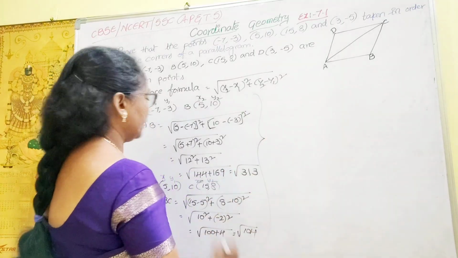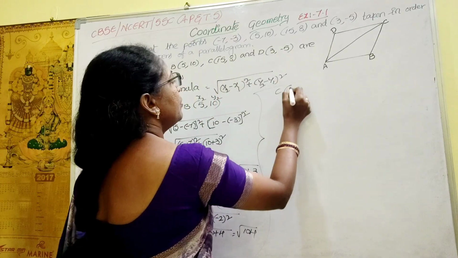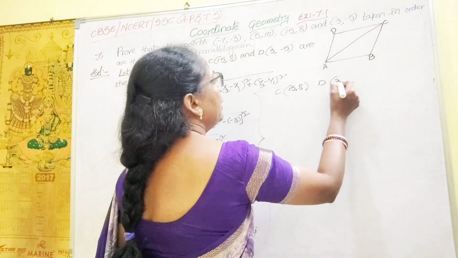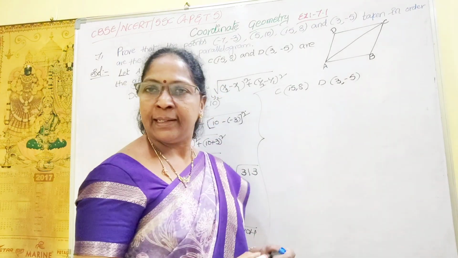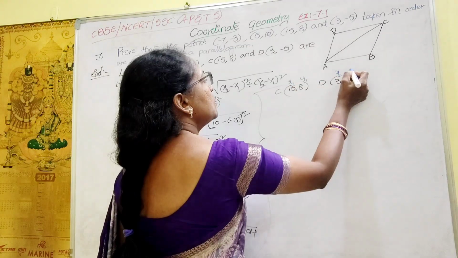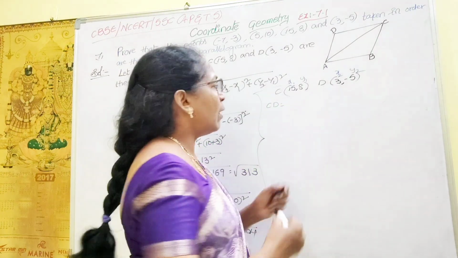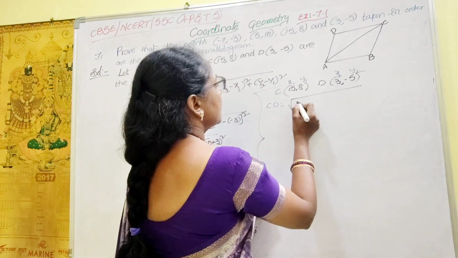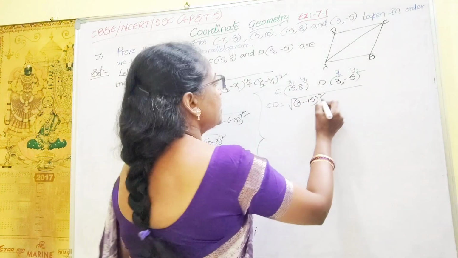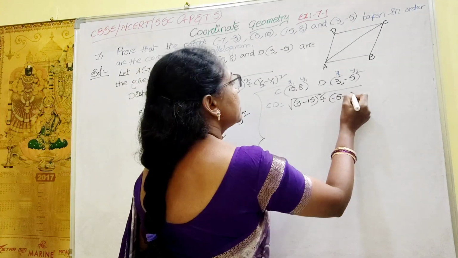Next, CD. The C point is 15, 8 and the D point is 3, minus 5. Again let us represent x1, y1, x2, y2. The distance CD equals square root of x2 minus x1, where x2 is 3 and x1 is 15, whole square, plus y2 is minus 5 and y1 is 8, whole square.